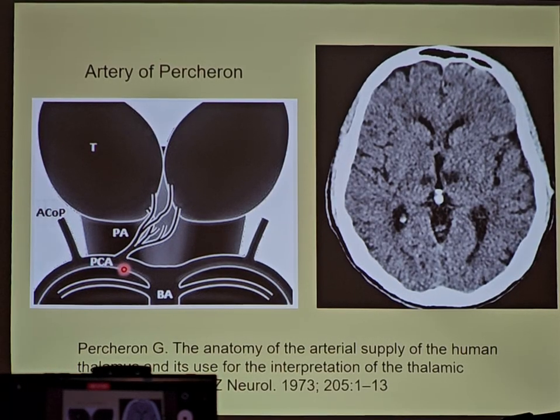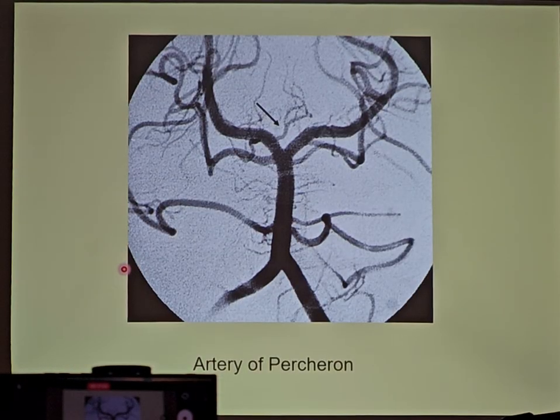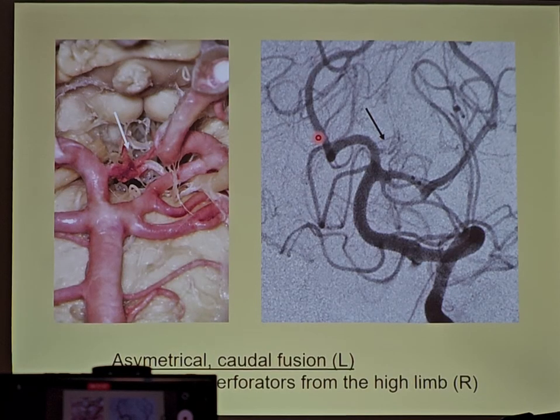And so that's a very unusual situation. Here is another example of the artery of Percheron supplying both the left and the right. You can see no or almost no perforators coming out on the contralateral side.